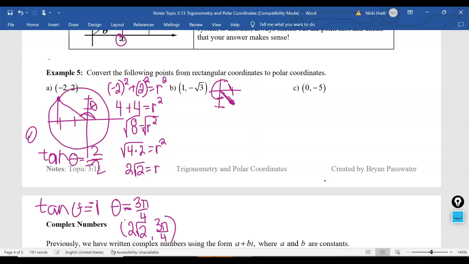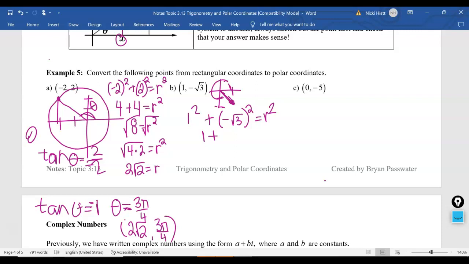Sorry, this is really not writing very well for me here. So just Pythagorean theorem for our radius. We do 1 squared plus negative square root of 3 squared equals our radius squared. 1 squared is just 1.